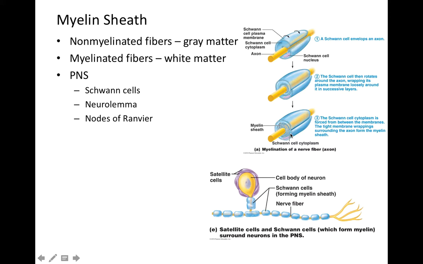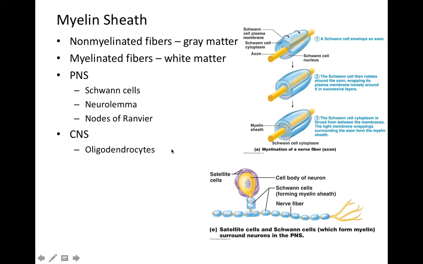The neurolemma is what is going to make nerve regeneration possible in the peripheral nervous system. When we look at the central nervous system, we're not going to see this. Now, because we have a whole bunch of individual cells here, we are going to have some areas where the axon is showing. Okay, those are going to be your nodes of Ranvier. Those are going to be important as well.